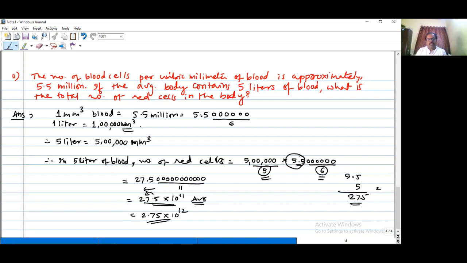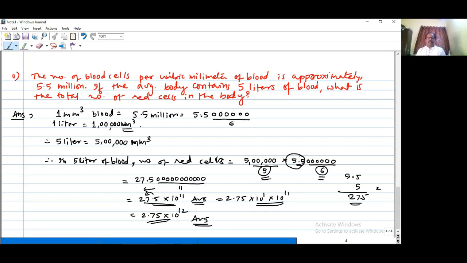Since it is one place, we multiply by 10 only. It will be 2.75 times 10 to the power 1, and this 10 to the power 11 remains as it is. So using the law of exponents, it becomes 10 to the power 12. So our answer is 2.75 times 10 to the power 12, right?